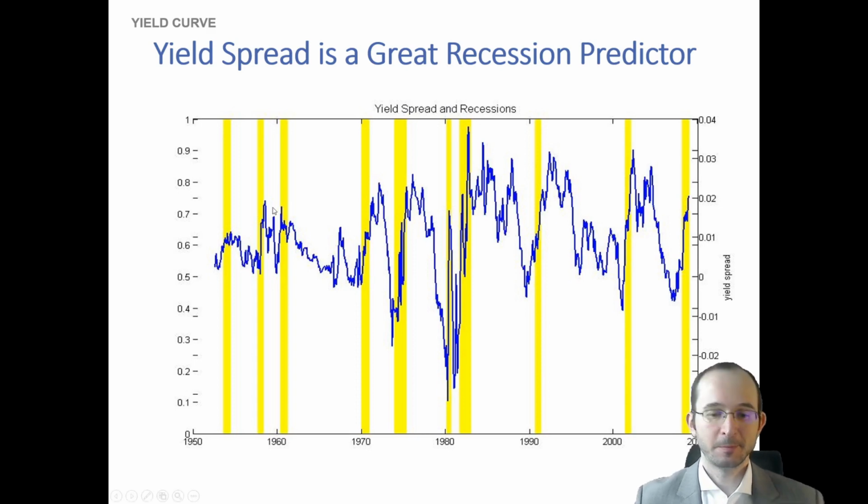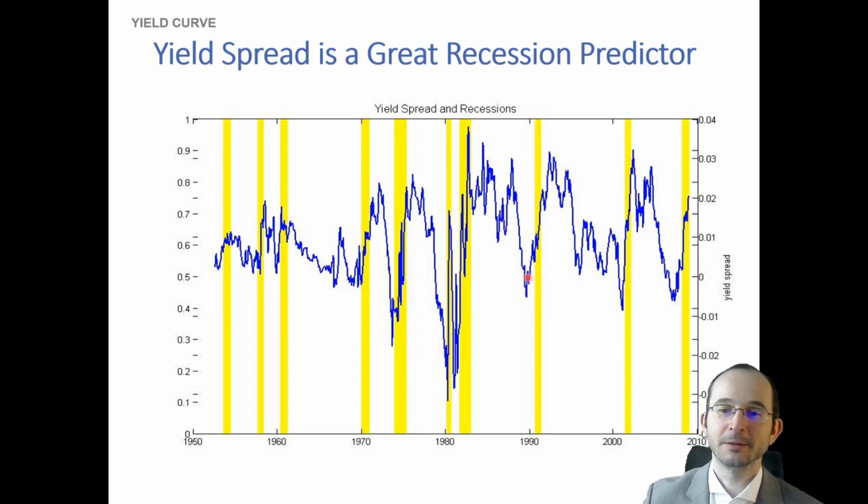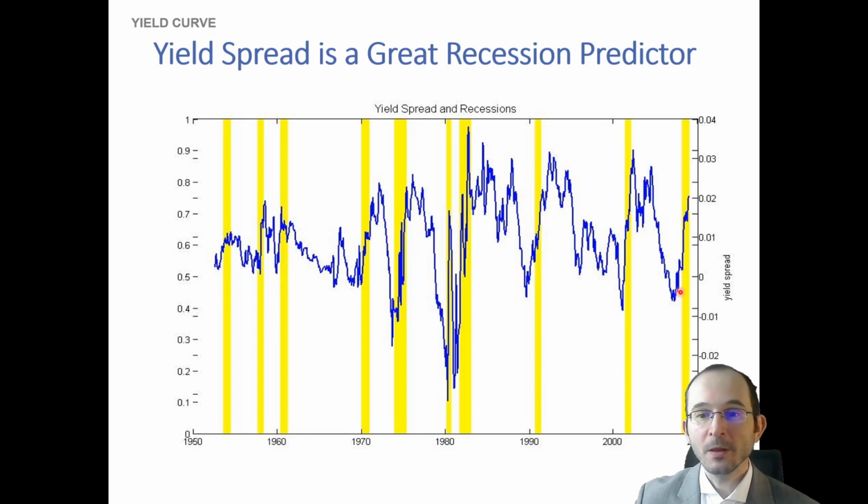We see that whenever the spread falls, it usually precedes a recessionary period, which we color code in yellow, identified by the NBER, the National Bureau of Economic Research. So this doesn't necessarily mean that the recession will happen straight away. For example, here's a case of decreases in the yield spread, but ones that were not actually followed by a recession immediately.